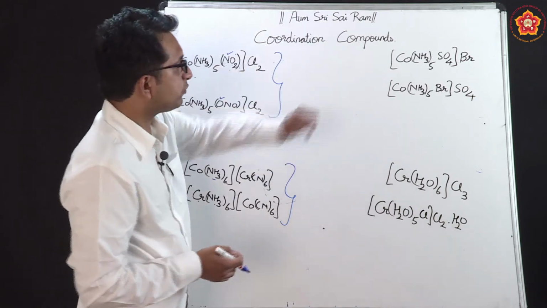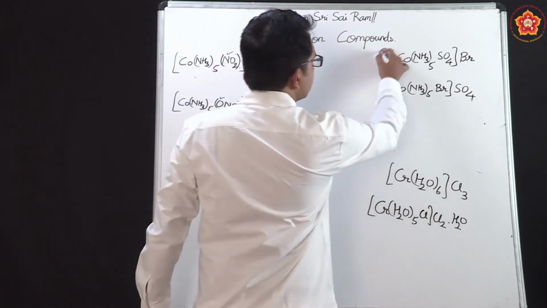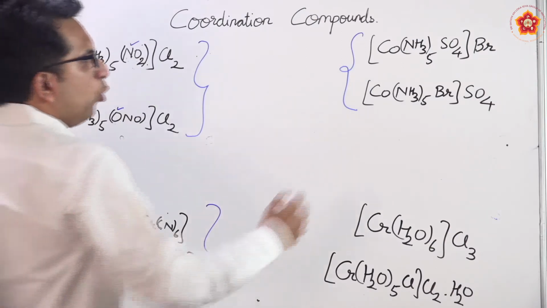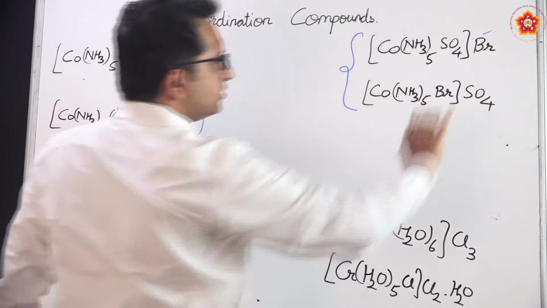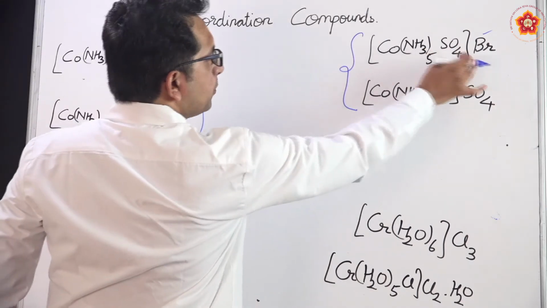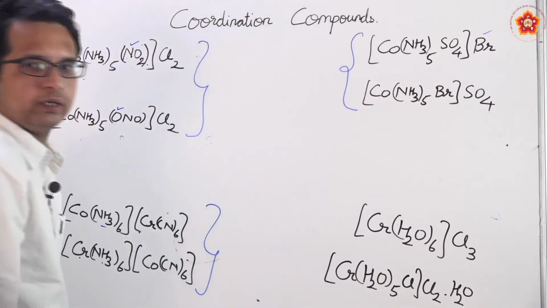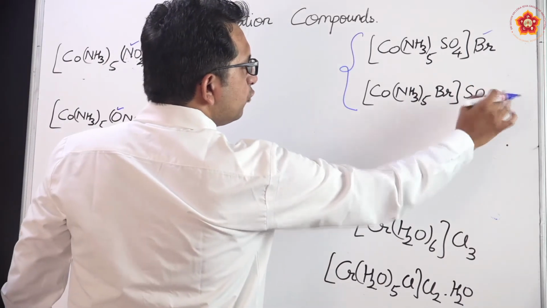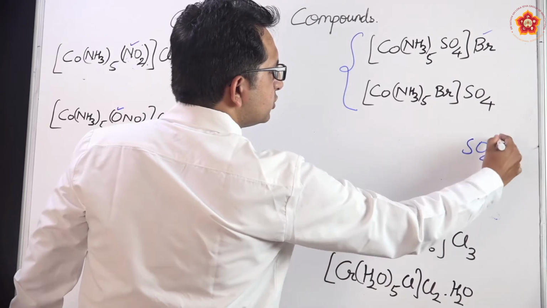In the third set, once again there are the same molecular formulas. What differs is what is ionizing outside. In this case, this will be the positive part and Br minus is the negative part. Whereas in this case, this is the positive part and SO4 2 minus is the negative part, because this is how it splits.